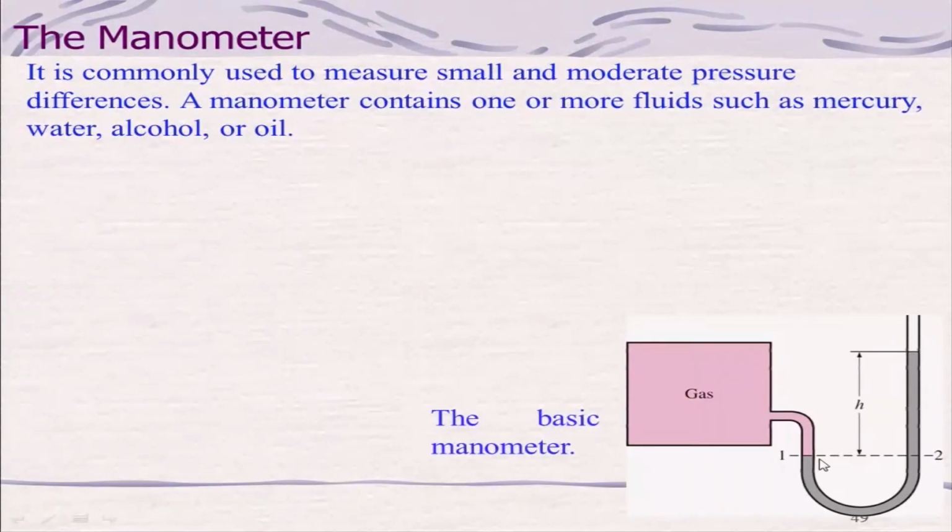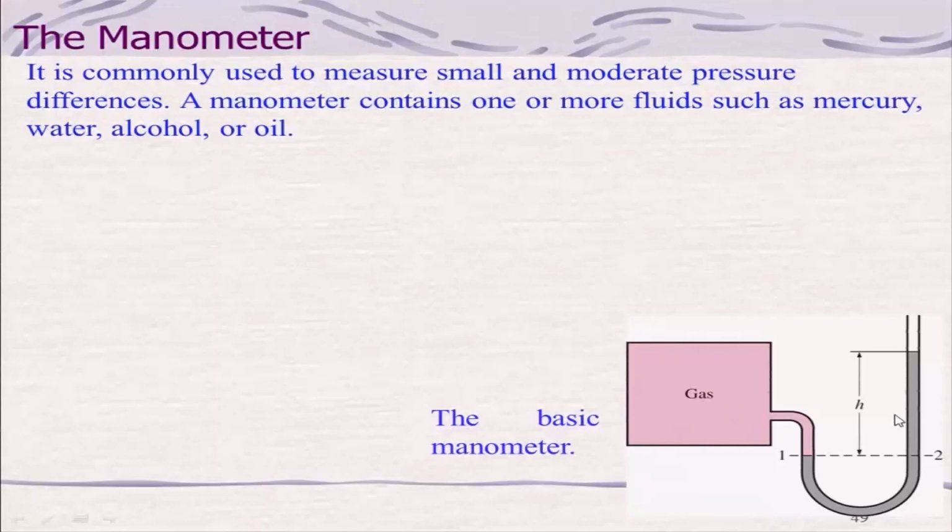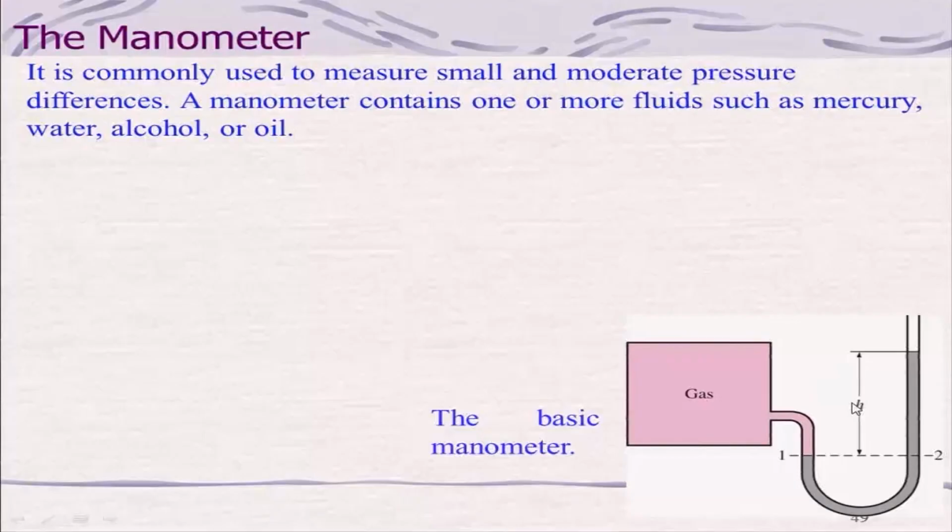You can say that the difference in the manometric fluid height due to this pressure is h, right. So I want to connect this h, because I can measure this height, and then calculate the pressure of the tank. So what I will have to do?